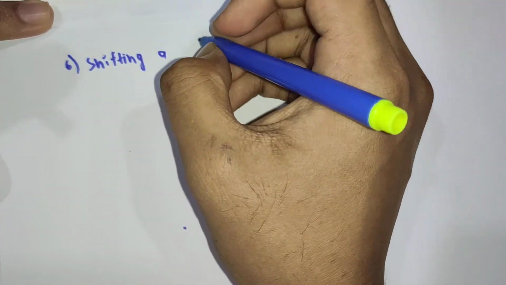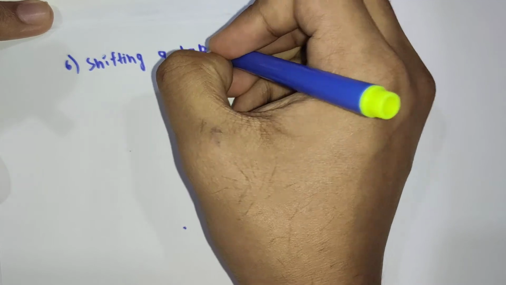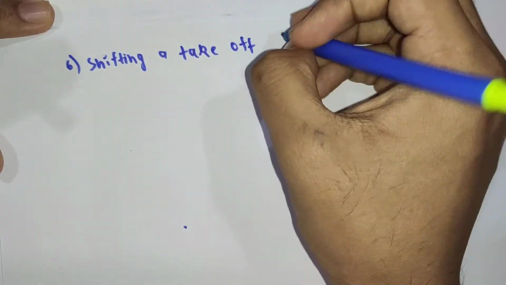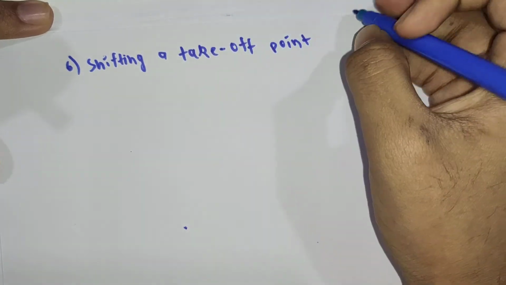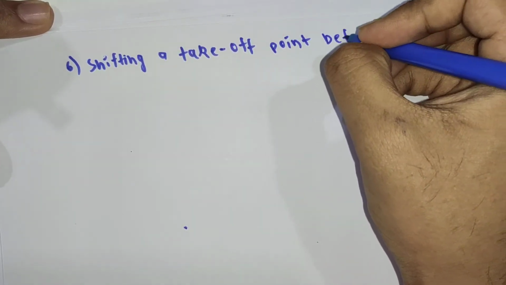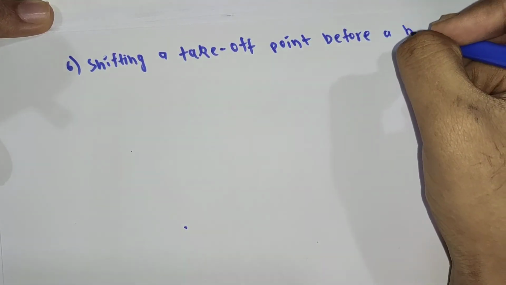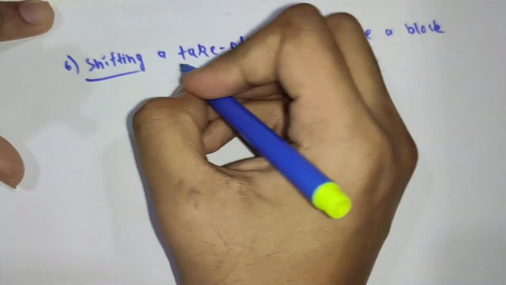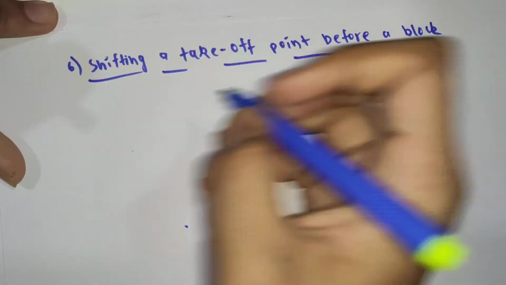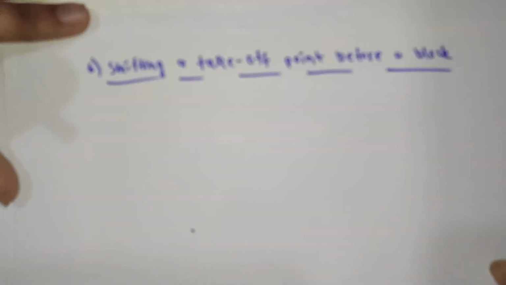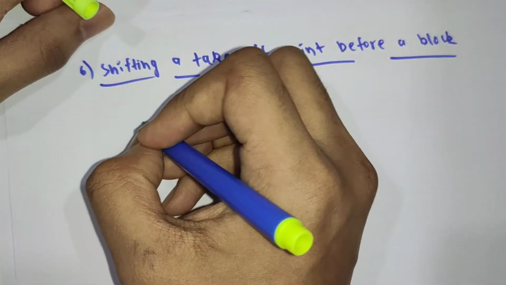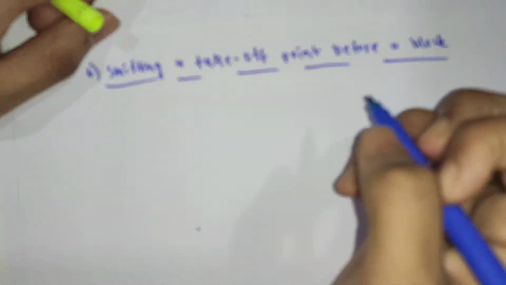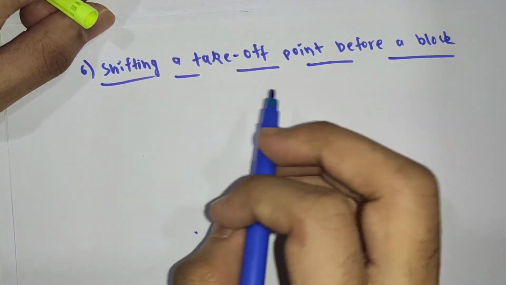Shifting a takeoff point before a block. In the previous one we shifted the summing point. Now we are going to shift the takeoff point, which I explained to you at the start of the lecture.